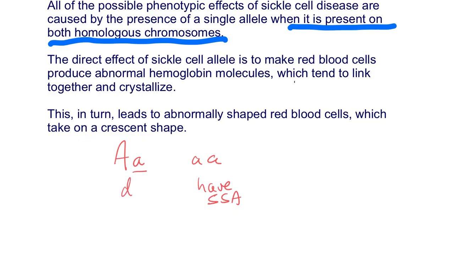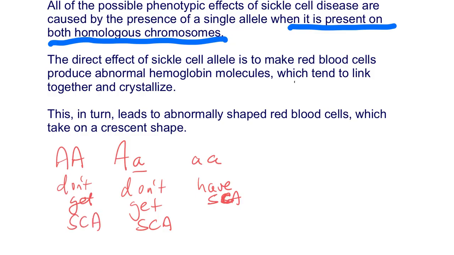So you don't get sickle cell anemia. And if you're homozygous big A, of course you don't get SCA.